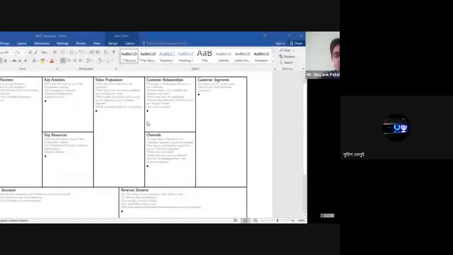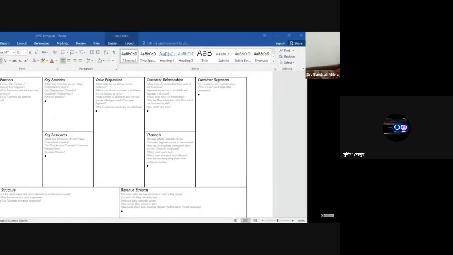At the same time, the business model canvas can be used by an investor also. Ultimately, the objective of the investor and the objective of the entrepreneur is the same, to increase wealth through the business. By looking at the business model canvas, an investor also can get a clear idea about the strengths, weaknesses, and deficiencies of a business. So this is the significance of the business model canvas in a nutshell.